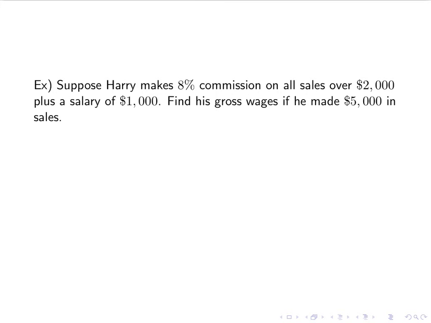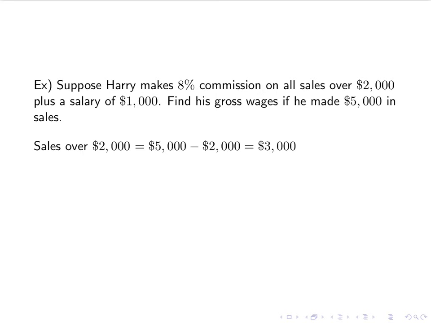Suppose Harry makes 8% commission on all sales over $2,000 plus a salary of $1,000. Find his gross wages if he made $5,000 in sales. So again, gross just means before anything. So in gross wages, it's before taxes. So for sales over 2,000, we take the 5,000, the sales that he made, and subtract the 2,000, and we get 3,000.